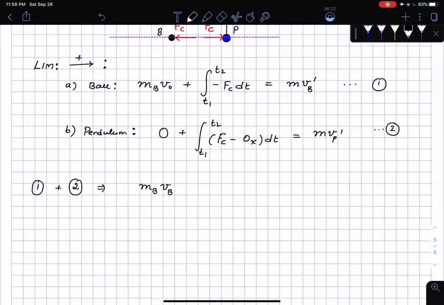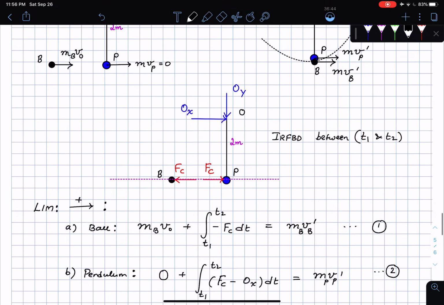If I add the summation inside the integrals, I'm going to end up getting minus integral t1 to t2 Ox dt. This is equal to mb vb prime plus mp vp prime. I need to make that connection here as well.